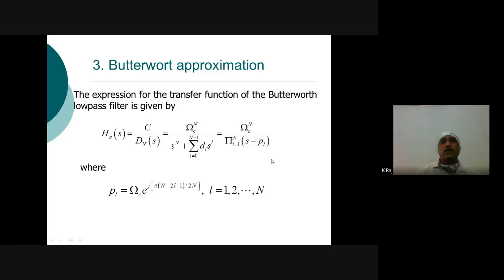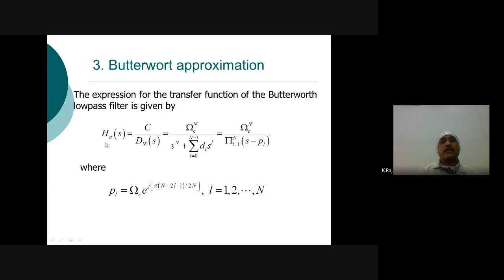So on the basis of these 4 parameters, we will compute the order n. And after the computation of the order n, the next step is to calculate omega_c, that is the cutoff frequency. And after getting the values of omega_c and n, we have to calculate the poles, the roots p_l, where l starts from 1 to n, that is, we will get the n roots here.